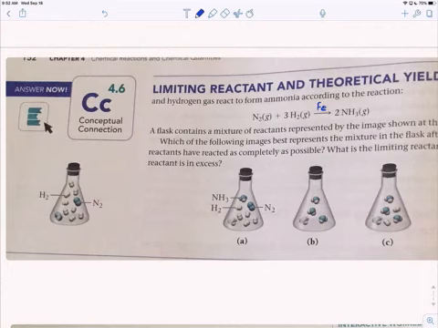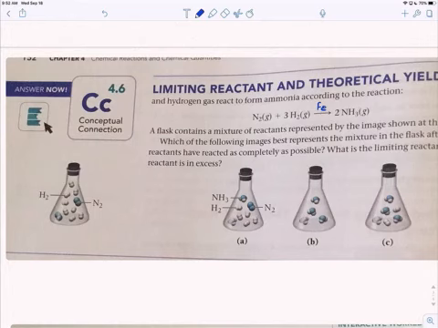Fertilizer is the number 2 chemical that we make. Can anyone guess what the number 1 chemical that we make in our industry is? Fuel. Fuel's number 1. Fertilizer's number 2. Makes sense, though, right?